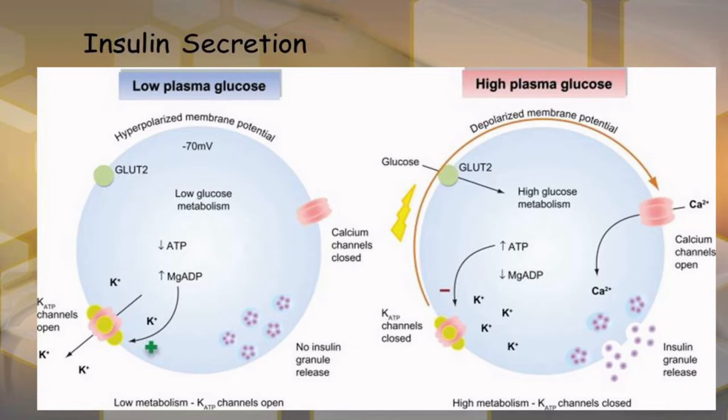And because of the low glucose concentrations, there is very less glucose metabolism inside the cell. So when there is low glucose metabolism inside the cell, the ATP concentration is low.